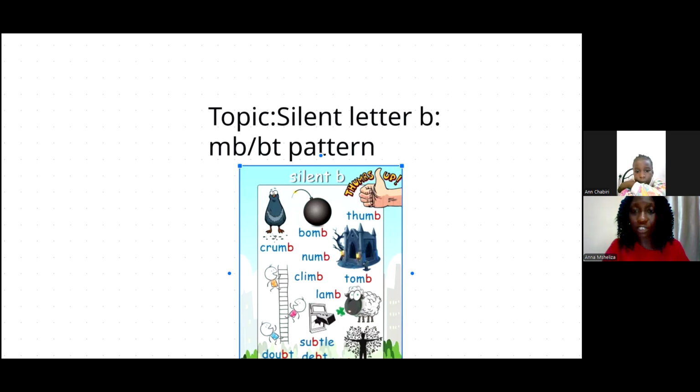Then the next picture here is a thumb. Good job. This is a thumb, and the B there is also silent. Then we have crumbs. When it's singular, you say crumb.